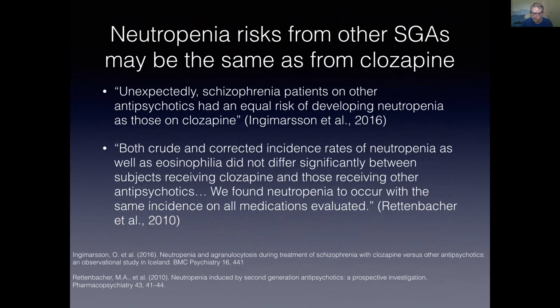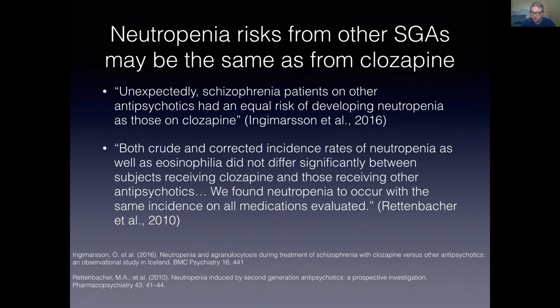But two studies, relatively small in scale, had the somewhat surprising finding, surprising to some, that the risks are the same between every other second-generation drug and clozapine. So note to everybody in the audience, you might want to monitor, pay attention to the white blood cell count in any patient that's receiving a second-generation antipsychotic drug.